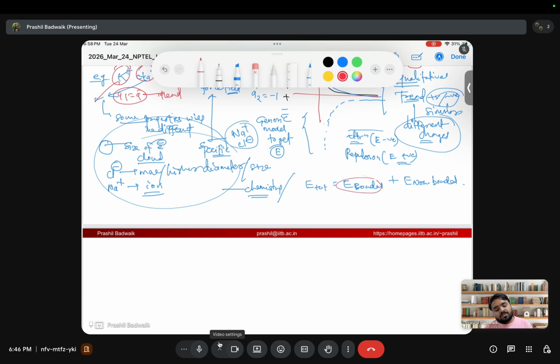Bonded has angle, bond, and dihedral. Non-bonded is electrostatic interaction, ES, or van der Waals interactions, which we model using LJ. Here we model using Coulombic potential.